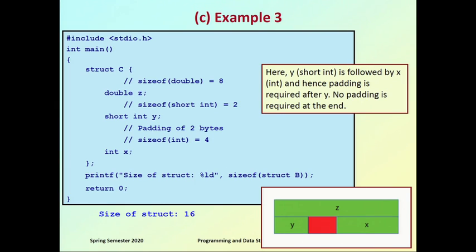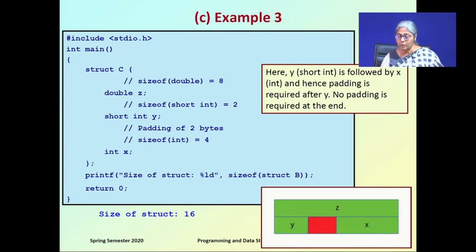With that same example of 3 member variables, double z, and now this is z, y, x. So, z is 8 bytes, so first 8 bytes it will take, then y is short int, so it is 2 bytes, and see that the size of int is 4.